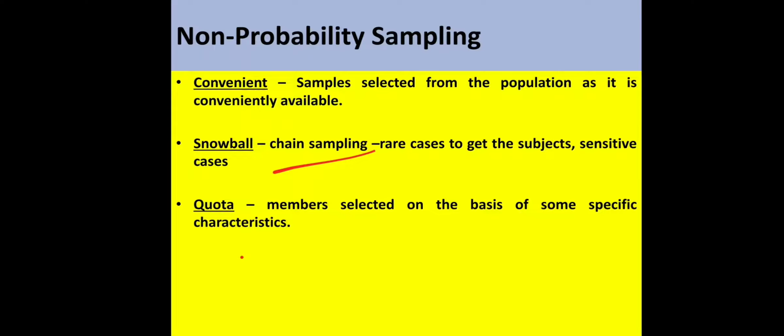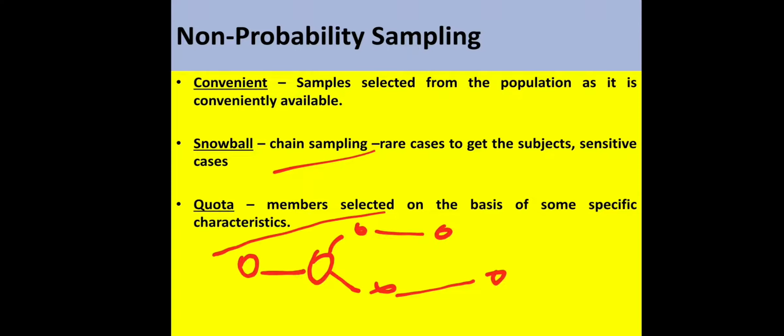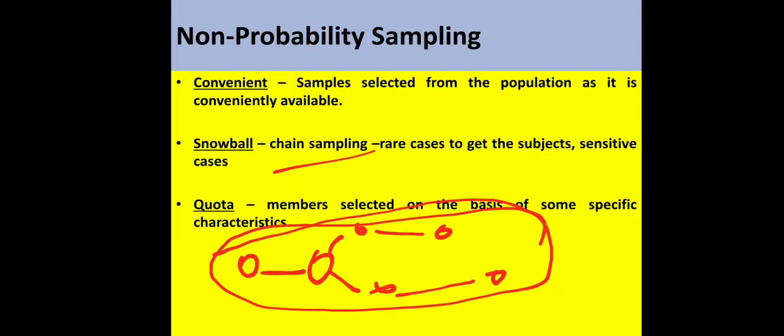So from one person you have gathered information, or he has given information about one or two persons. In this way it's forming a chain, and you have collected a number of people.